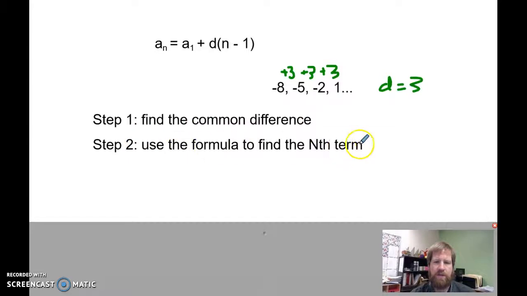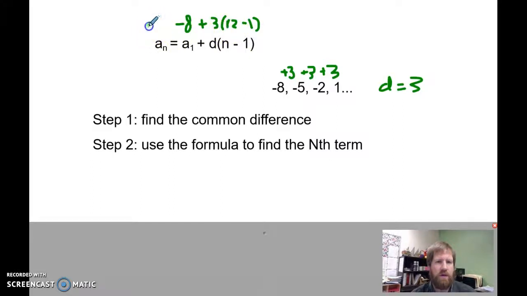And then I'm going to use my formula to find the nth term. So I'm just going to plug it in. So right here, my first term is negative 8. And then my common difference is 3, positive 3. And then my nth term, again, we can choose whatever. We'll just go with 12. Or, sorry, 12 is my nth term.